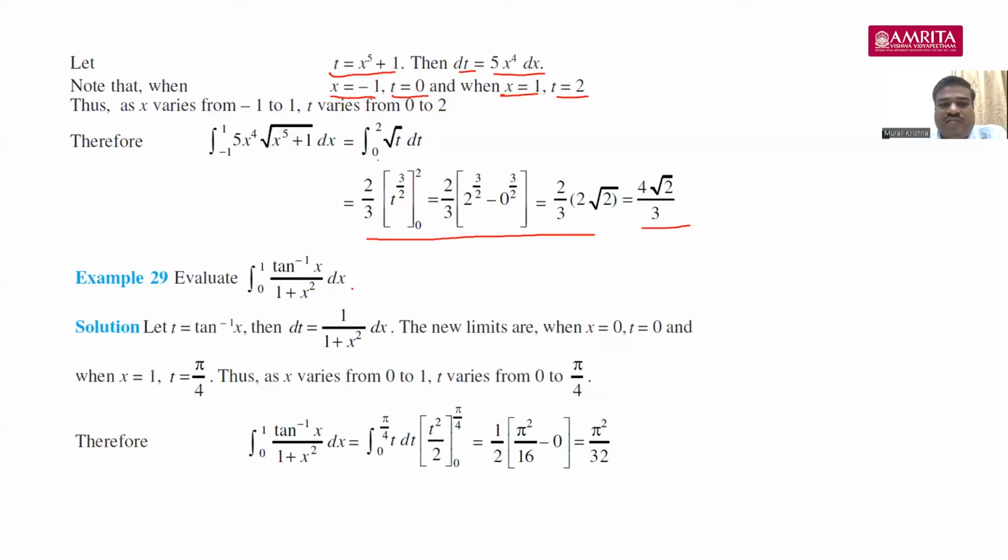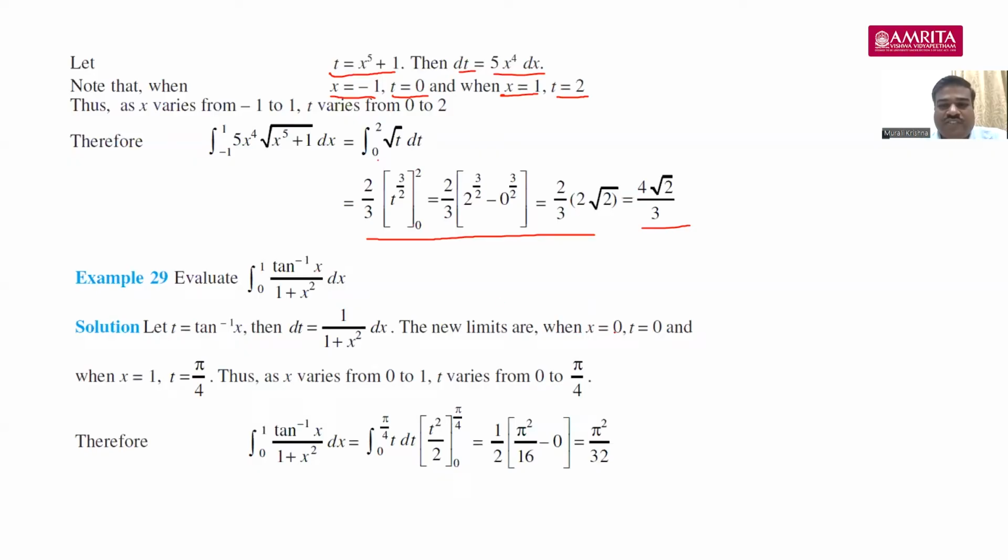So this integration converts to integral t dt, simple. And they found the limits based on this substitution. The new limits are, please notice here: when x is 0, what is the value of t? tan inverse 0 is 0.